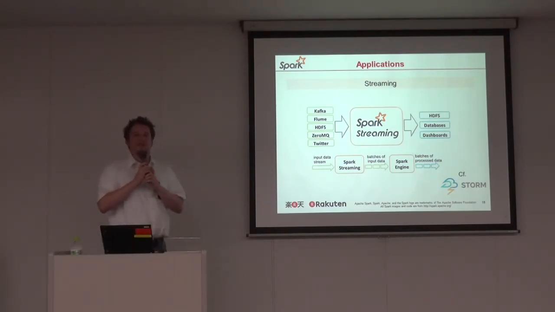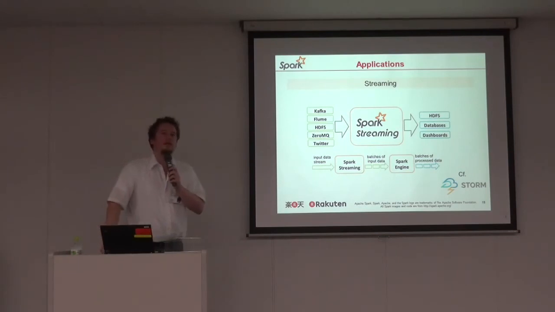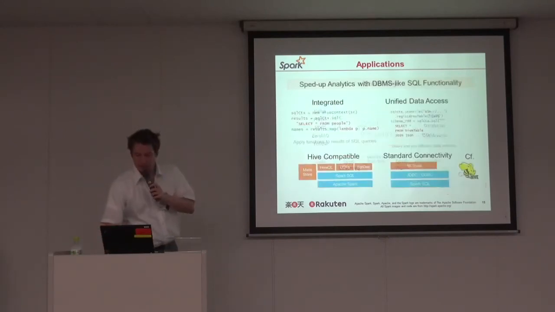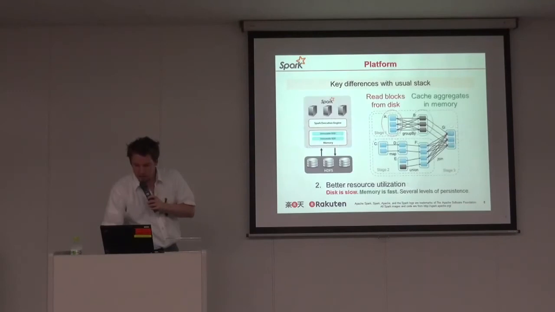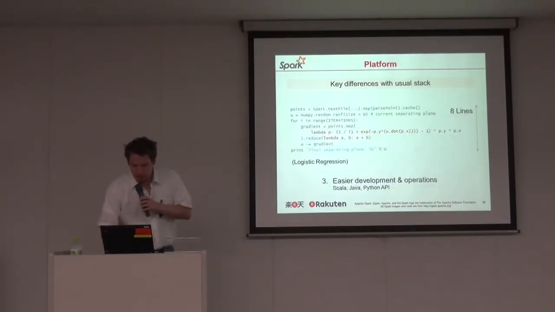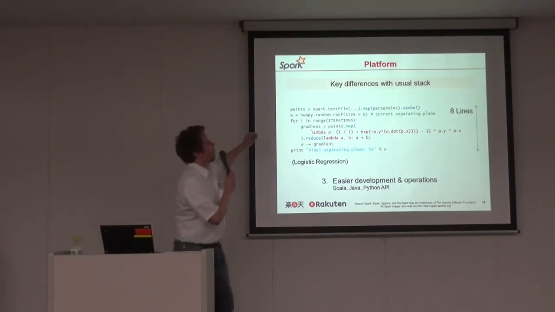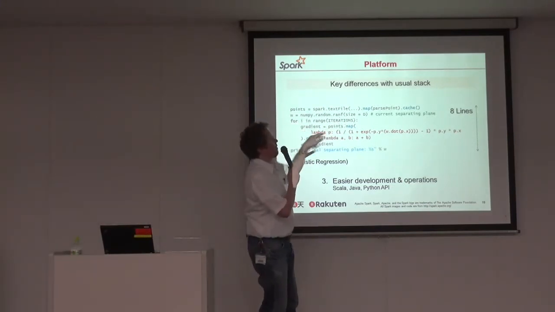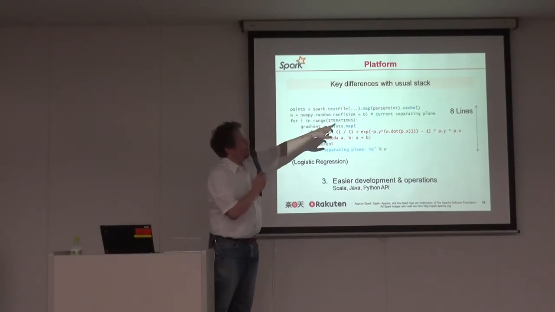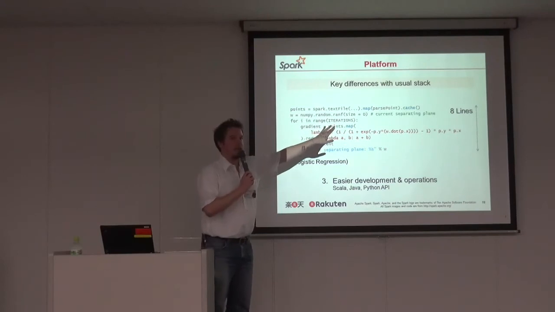Anything else? So you said that Spark is in-memory processing. What happens when data is larger than the memory capacity? Okay, so actually let's look at this. Here, at the end of the transformations, I'm caching my points with that cache function.